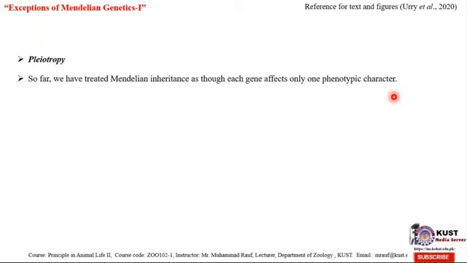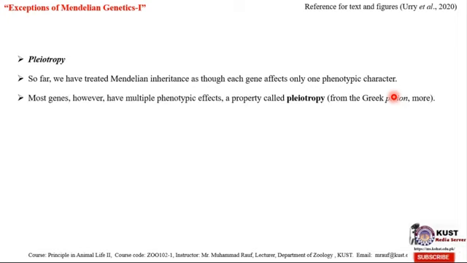So in the case of Pleiotropy, which is also a violation of Mendelian genetics, a single gene controls more than one character. Most genes, however, have multiple phenotypic effects, and this is a property which is called Pleiotropy.